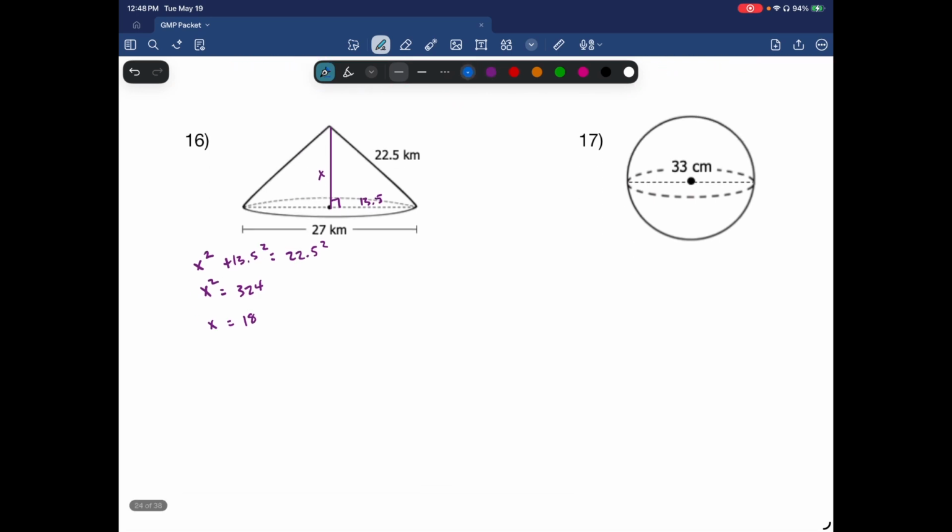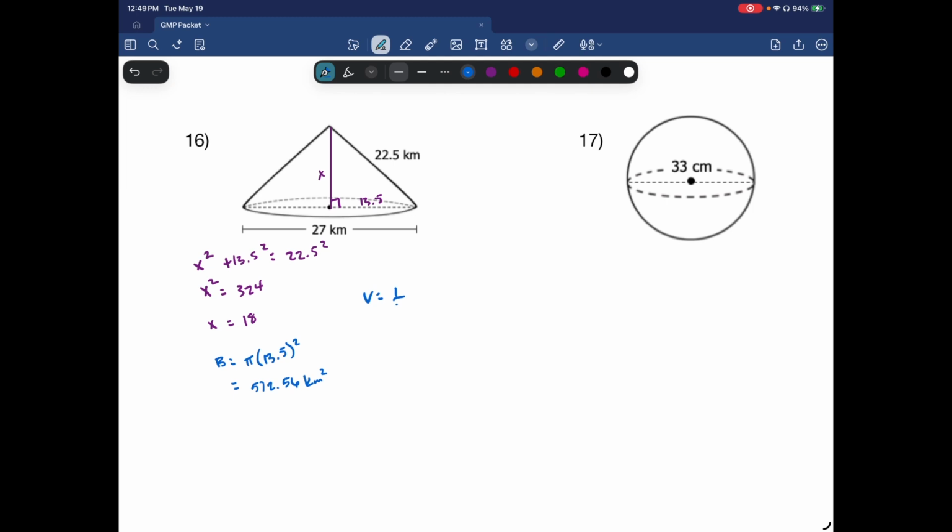Okay, so my volume is going to be, oops, I need my base area. So my base area is pi times 13.5 squared, which gives me 572.56 kilometers squared.